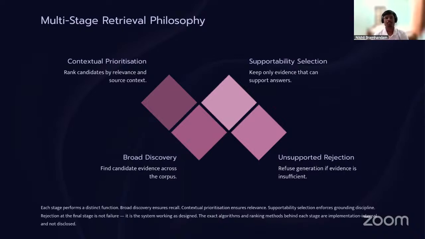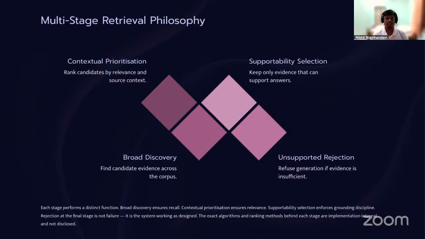And this is more on the retrieval philosophy, right? This is what I talked about when I was giving the hashtags example. The contextual prioritization is where I rank the candidates based on this hashtag sort of system that I told you about. So that is where the relevance is ranked.